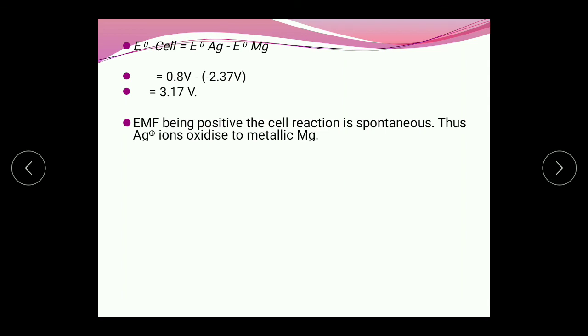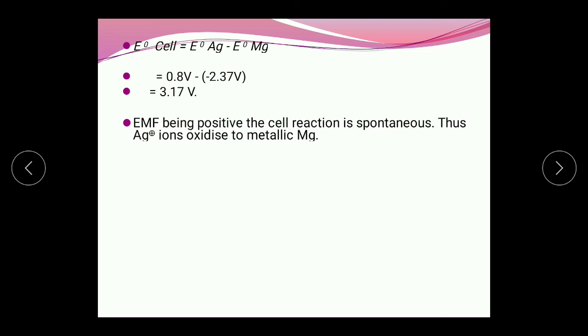We will substitute the values and we will get that the EMF or E0 cell will be equal to 3.17 volt. As EMF we got is positive, the cell reaction must be spontaneous. Thus, we can definitely say that silver ions can oxidize metallic magnesium. So, this is a very good application of EMF series.